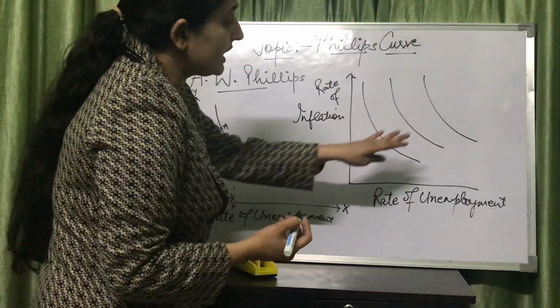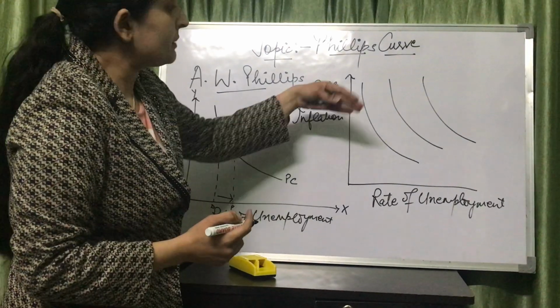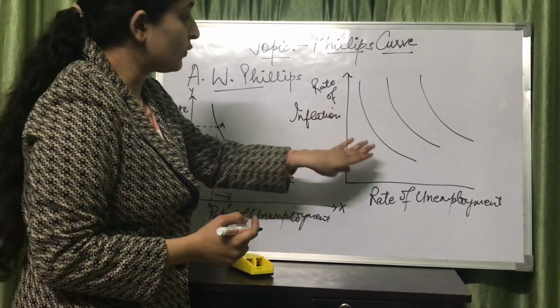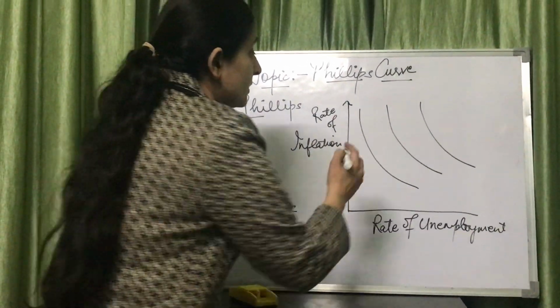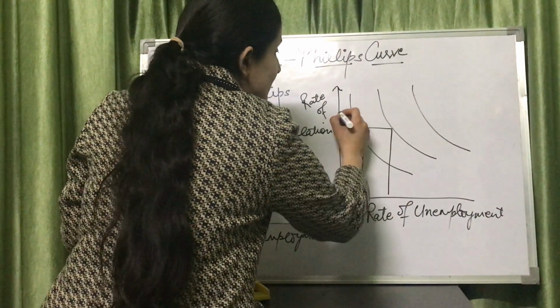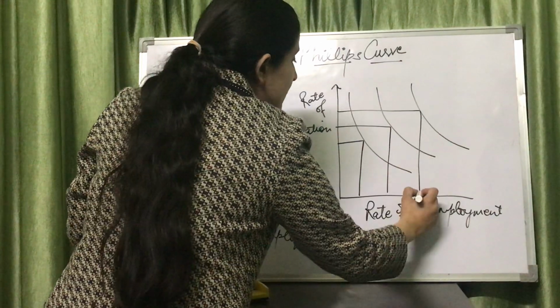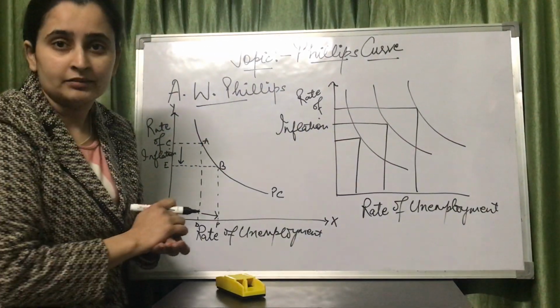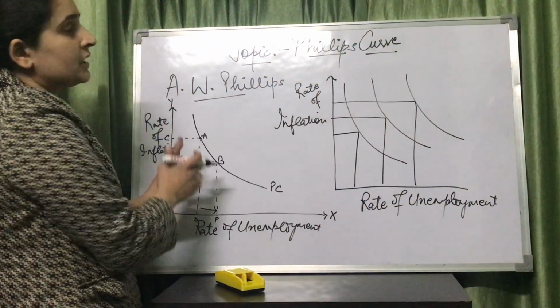For the 1970s, 80s, 90s, the Phillips curve was different, taking a new shape. And at this point both the components are increasing or decreasing simultaneously, due to which the Phillips curve collapsed.